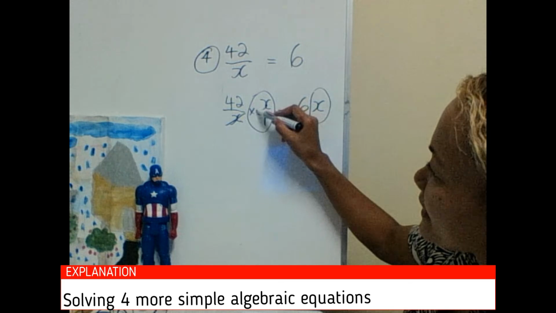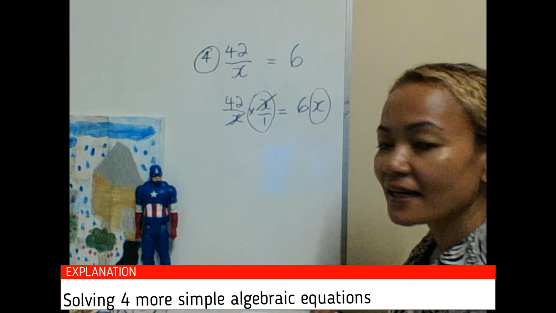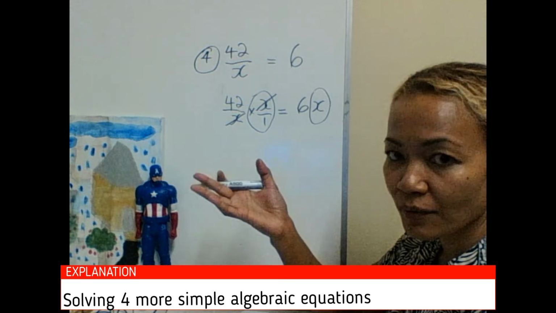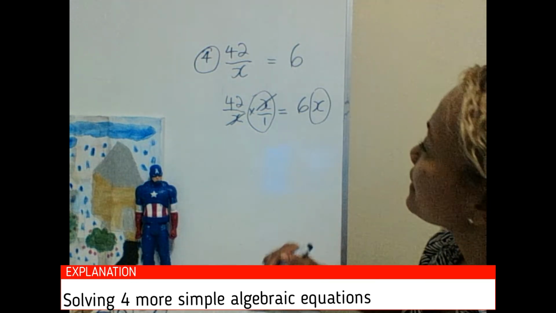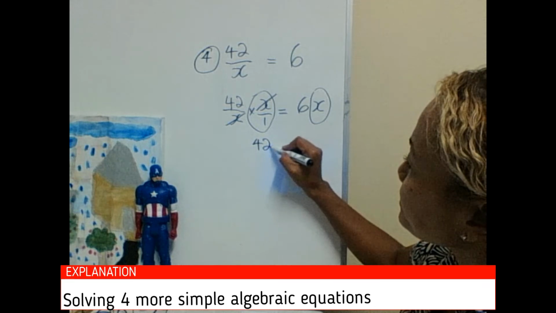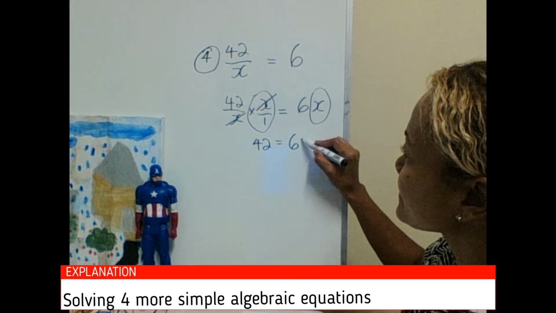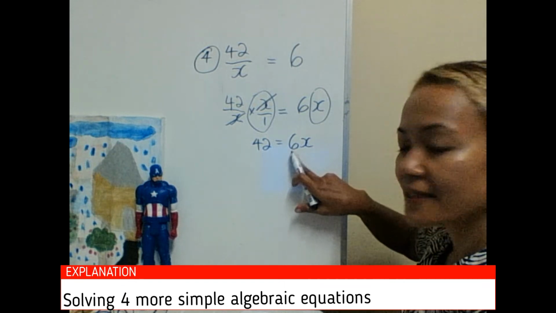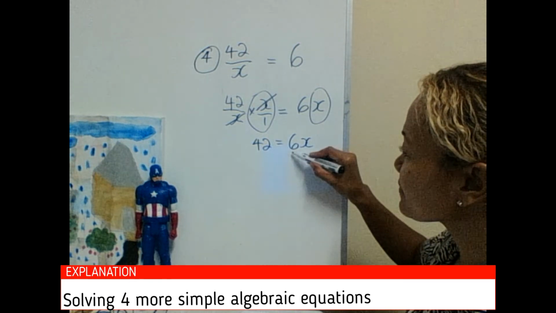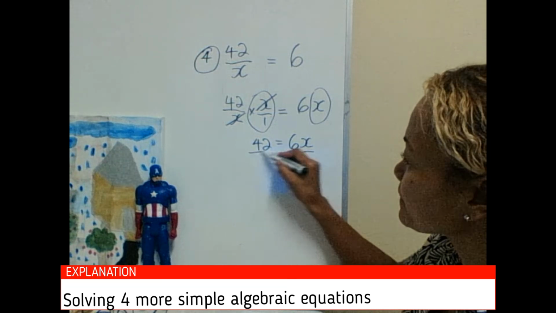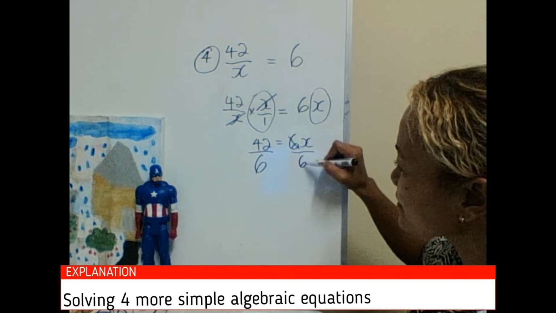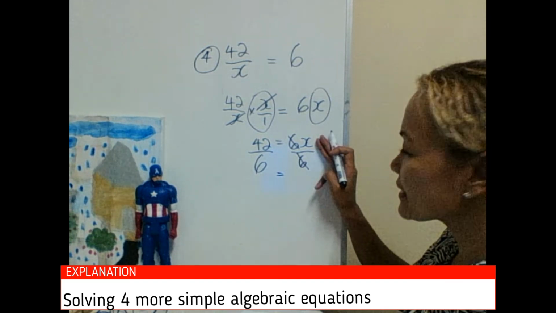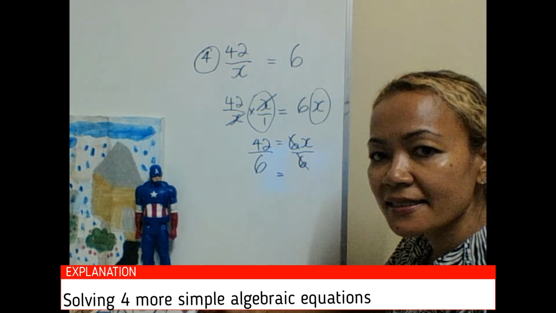This divide by x and times x cancel out. It leaves 42 over 1, which is the same thing as 42. Any number over 1 is the same thing as itself. 42 is equal to 6x. Now I need to get rid of this 6. This is 6 times x, so I'll divide both sides by 6. Right, so that these two can cancel out. And now I'll have only x on this side. 42 divided by 6.